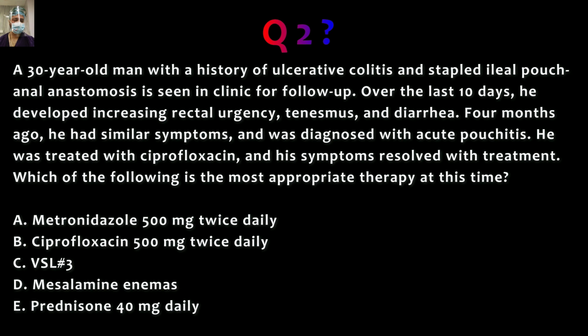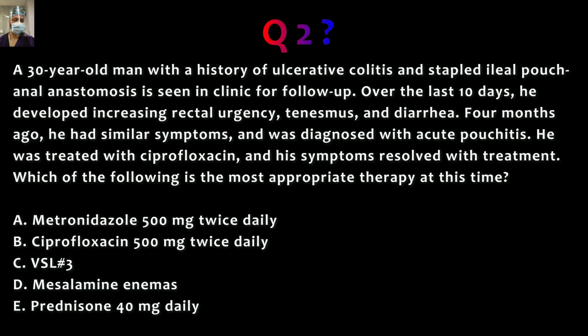So before we dive into the topic, here's a question for all of you about pouchitis. A 30-year-old man with a history of ulcerative colitis and stapled ileal pouch anal anastomosis is seen in clinic for follow-up. Over the last 10 days, he developed increasing rectal urgency, tenesmus and diarrhea. 4 months ago, he had similar symptoms and was diagnosed with acute pouchitis.